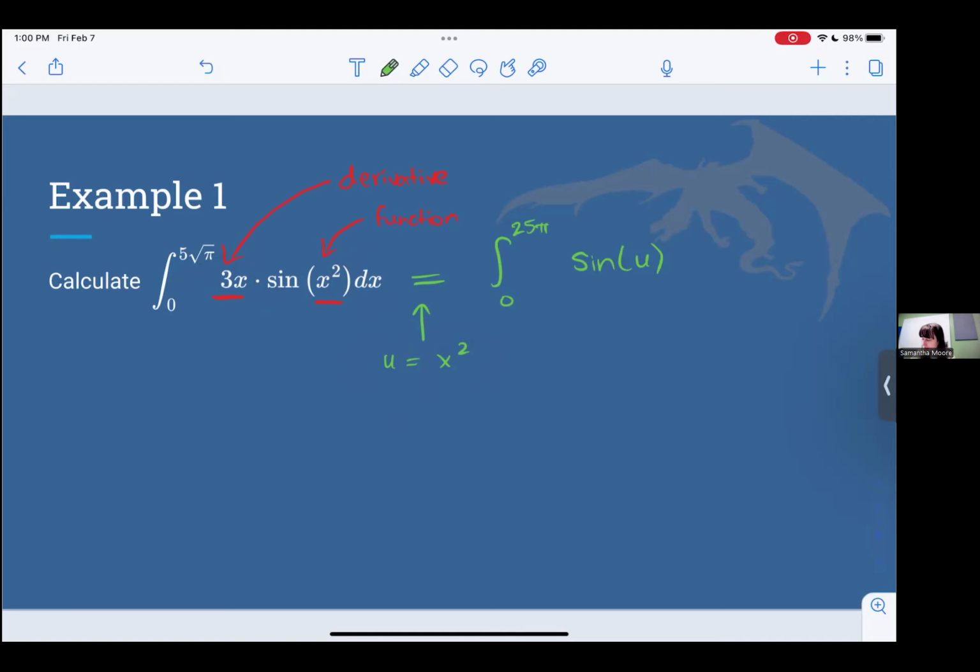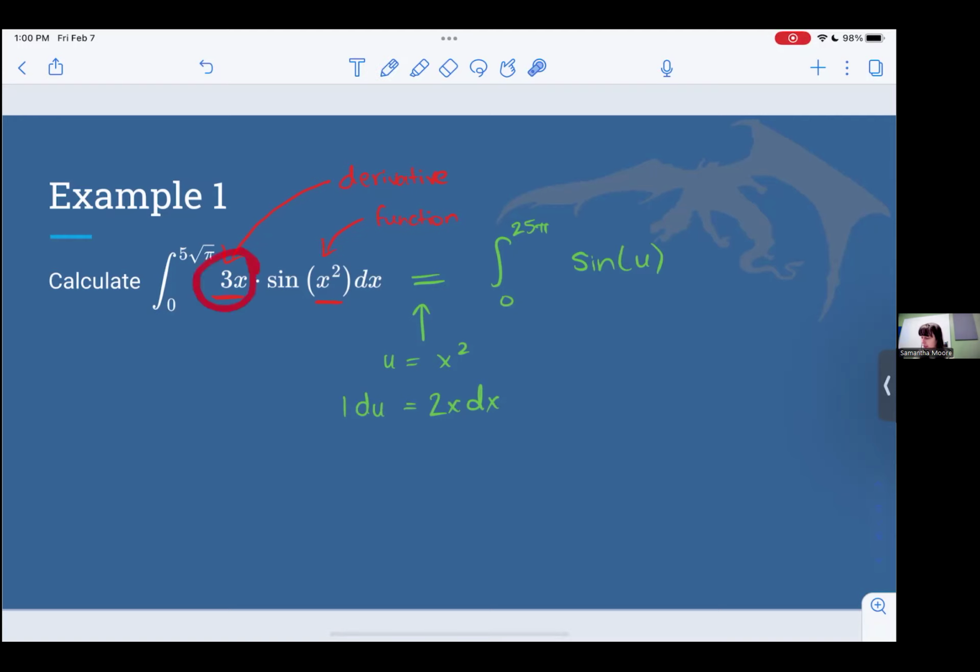On the left side, the derivative with respect to u is 1, and then my du. On the right-hand side, the x derivative gives 2x, and then my dx. In other words, du is 2x dx. So the way that u changes is related to the way that x changes in this format.